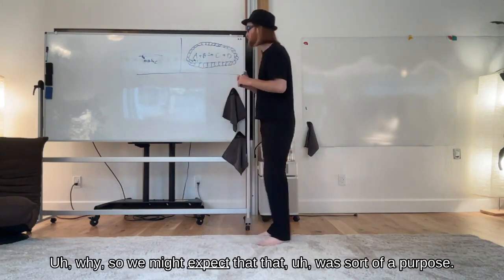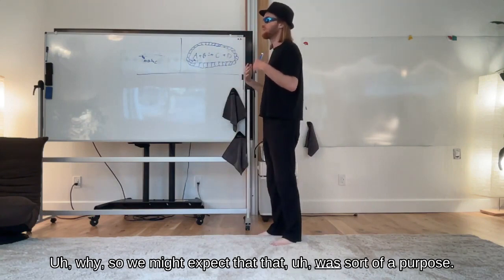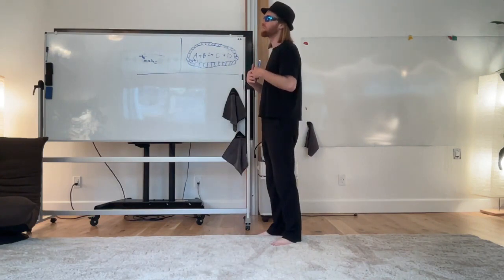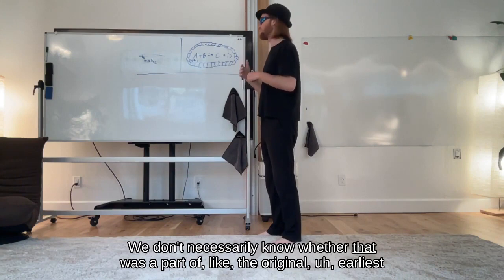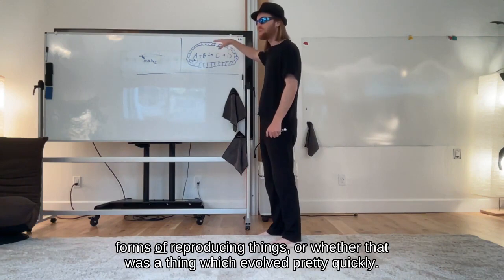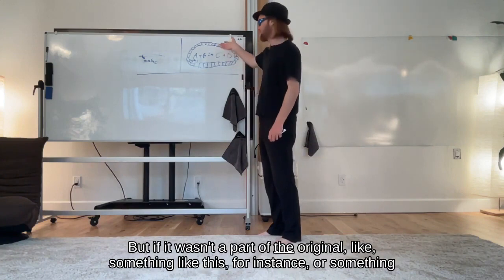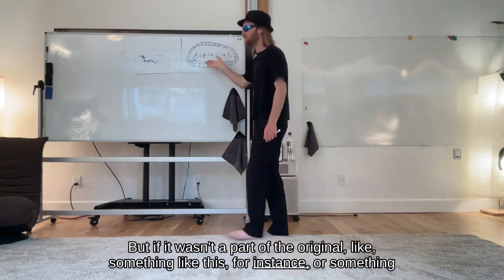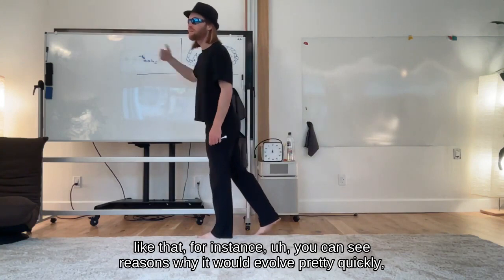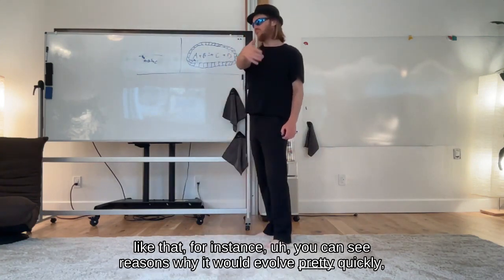So we might expect that, we don't necessarily know whether that was part of the original earliest forms of reproducing things, or whether that was a thing which evolved pretty quickly. But if it wasn't part of the original, you can see reasons why it would evolve pretty quickly.